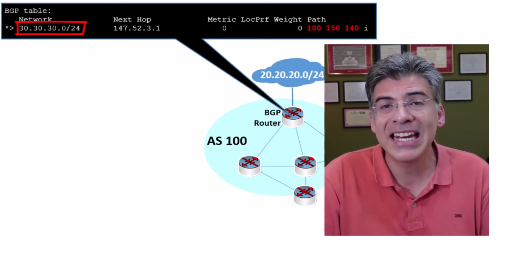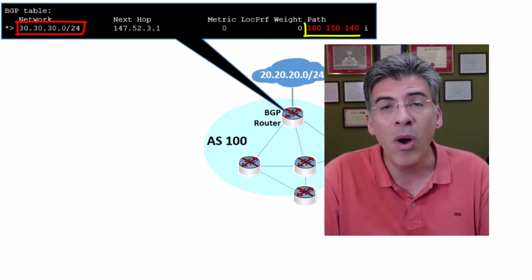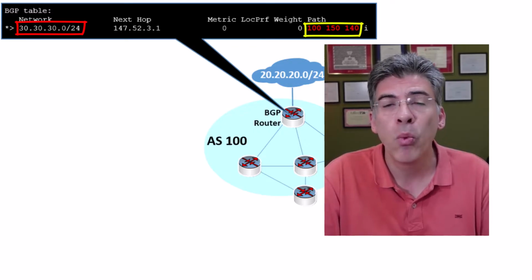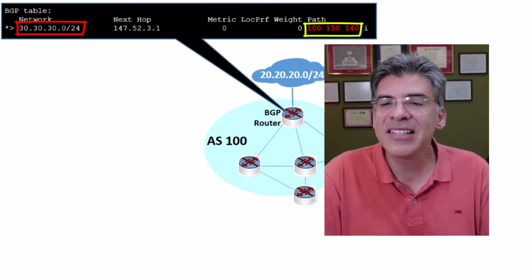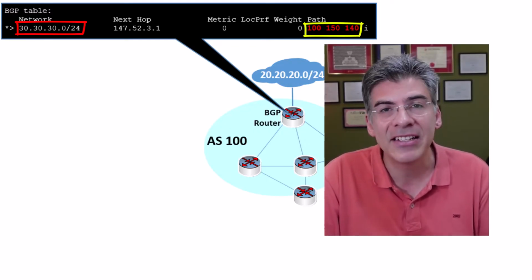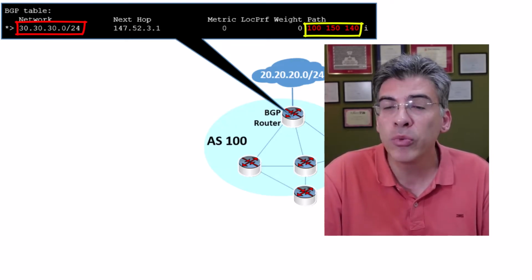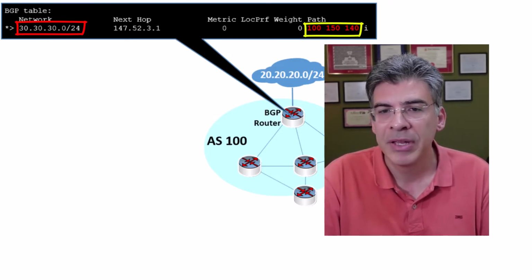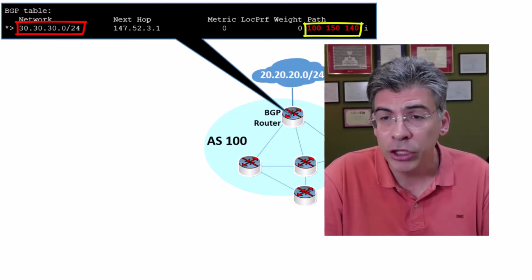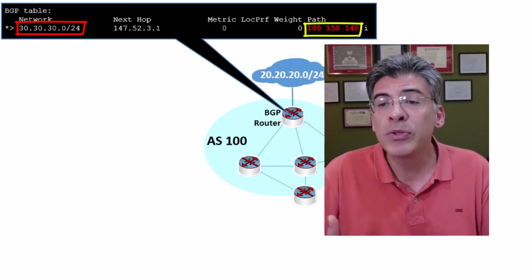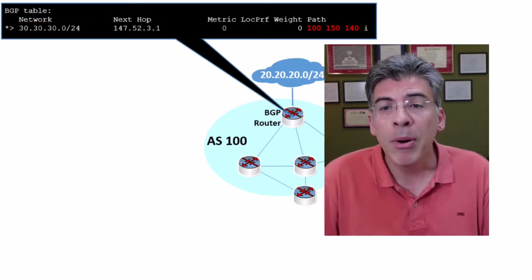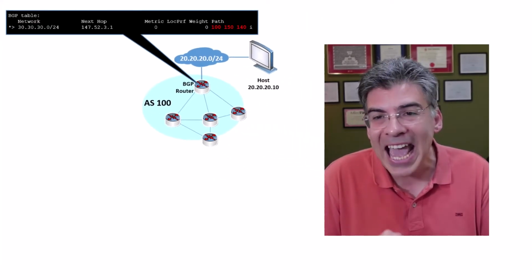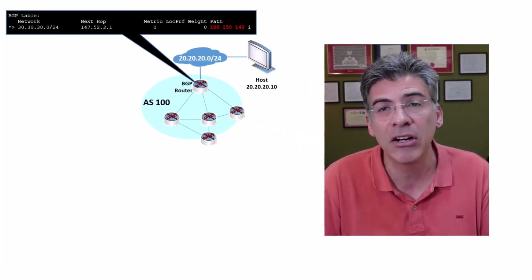And the path that is indicated to reach this destination network is 100, 150, 140. So this is essentially a list of ASs that must be traversed to reach our destination. Now, there's more information included in that BGP table, which we won't talk about right now. But what's important is that the AS path is indicated here.